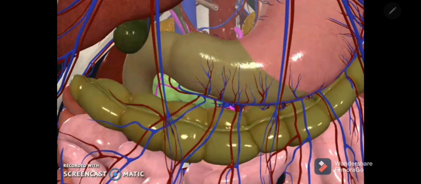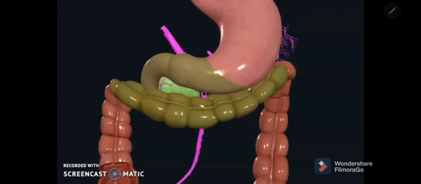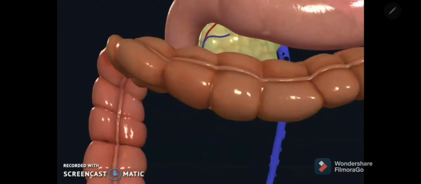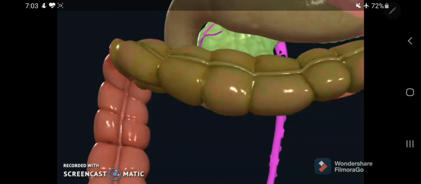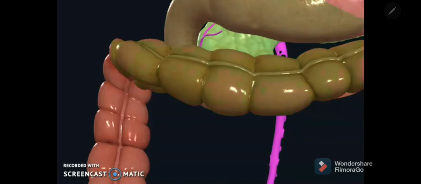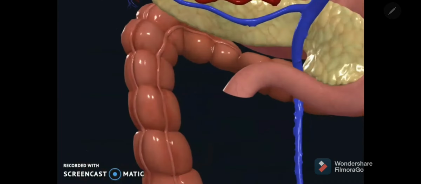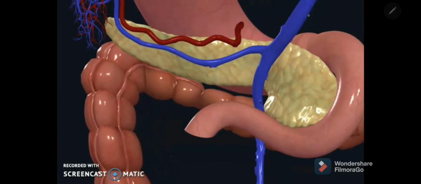If you try to see the relations of the neck here, you can see the anterior surface is related to the pylorus of the stomach there. And as you go posteriorly, you can see the formation of the portal vein. You can notice here, this is the portal vein formed by the superior mesenteric vein and splenic vein. They join here.